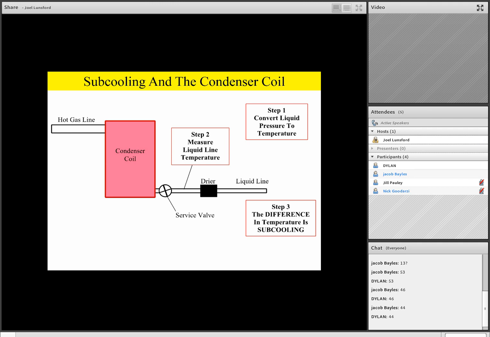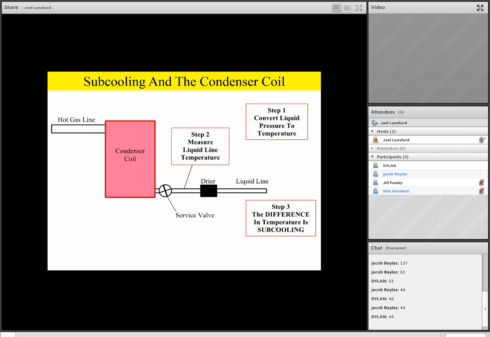So we learned earlier that if the superheat was high, the evaporator is starved. It's exactly opposite with the condenser coil. With the condenser coil, if the subcooling is high, that coil is flooded. It's exactly opposite of superheat.